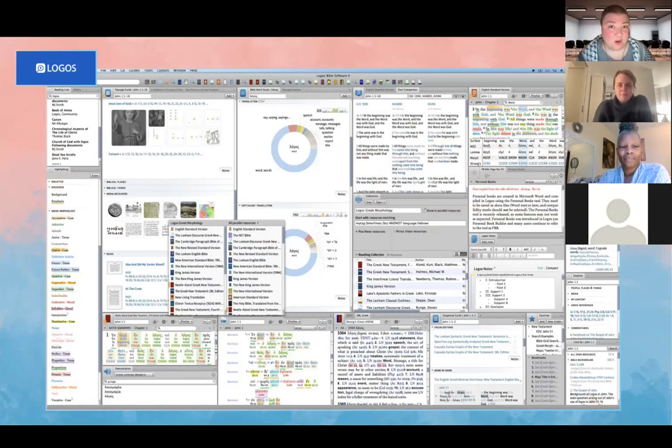But Logos is not free. So Bible Hub is an excellent free version if that's what you're looking for, with very similar features. On the other hand, if you are looking to invest money in a software, then Logos is the recommendable one.